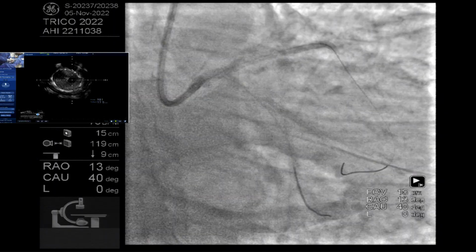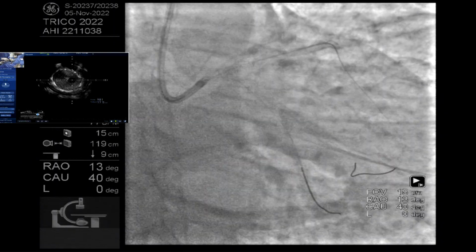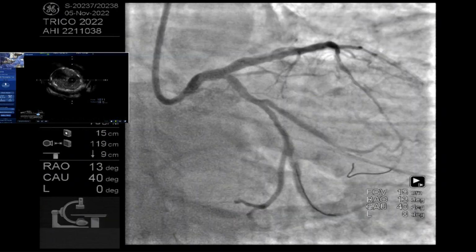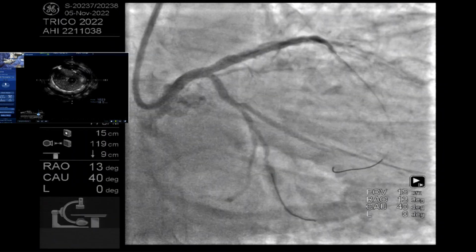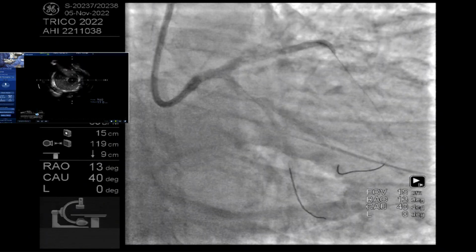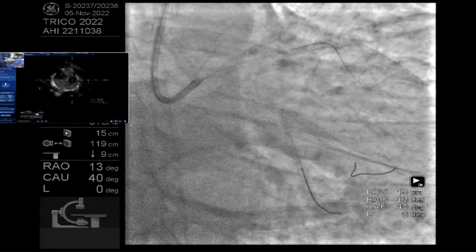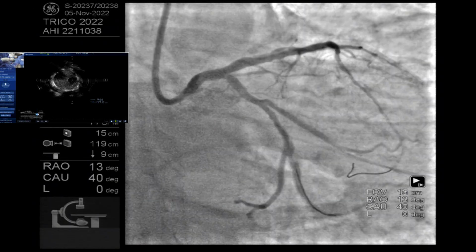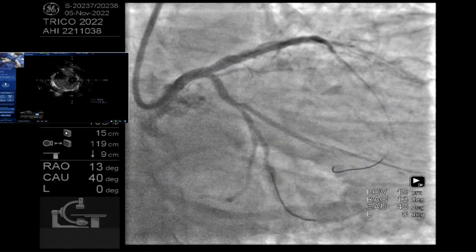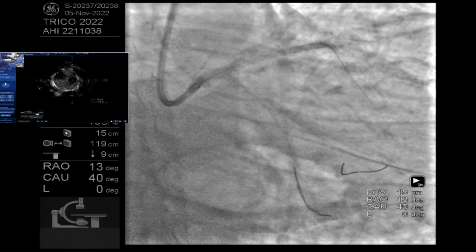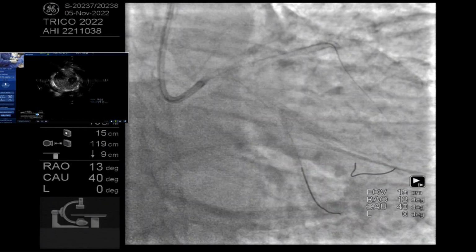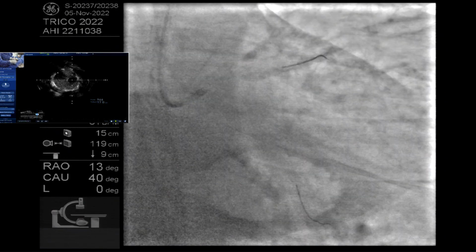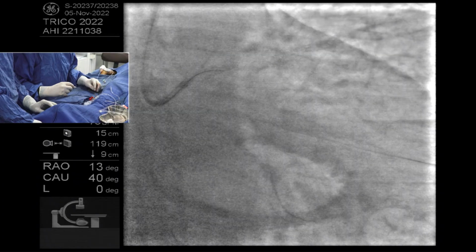Was there a rationale for choosing IVUS as a guidance in this procedure? This wire. Would you touch up the ostium of the LAD a little bit with this balloon?